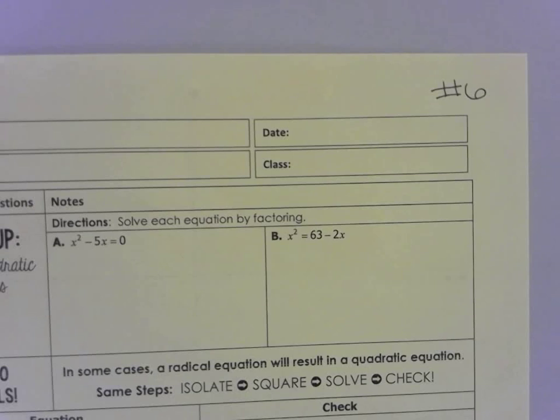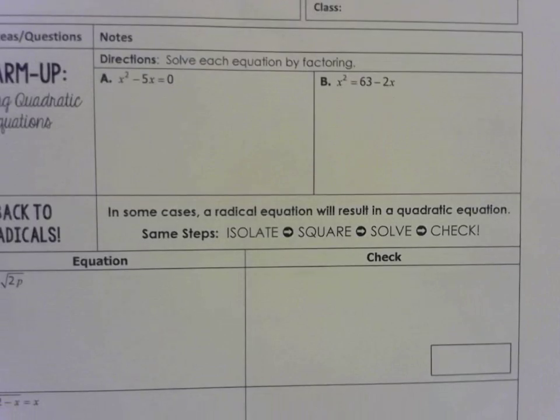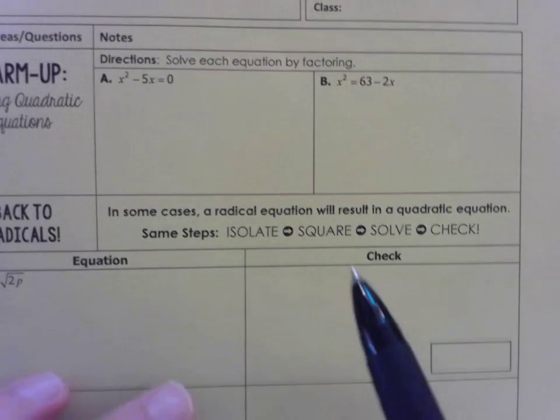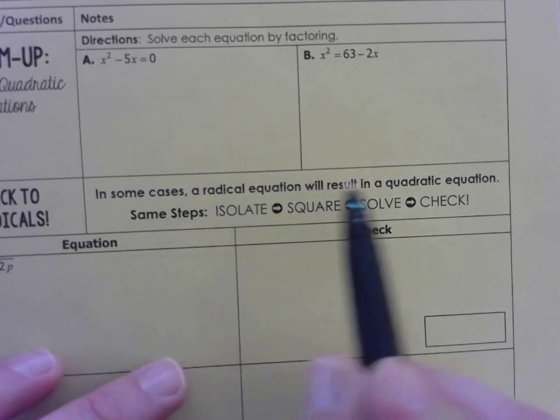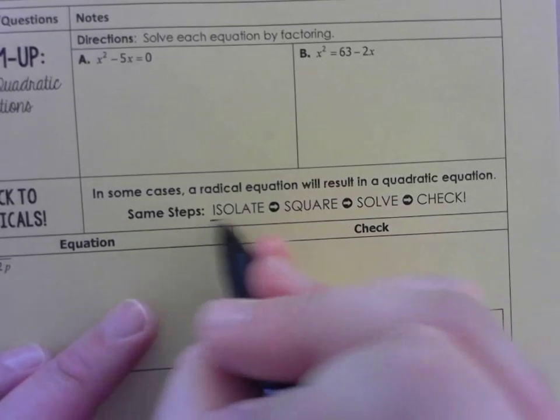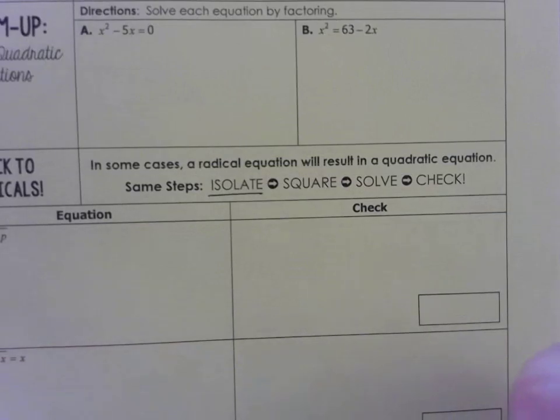As we look at these, we are going to do them just like we did Wednesday, except you're going to notice that you're going to get quadratic equations at the end instead of linear ones. However, the first steps are the same. If we have a radical equation with square roots, first you isolate the square root, moving all the numbers on the outside to the other side.